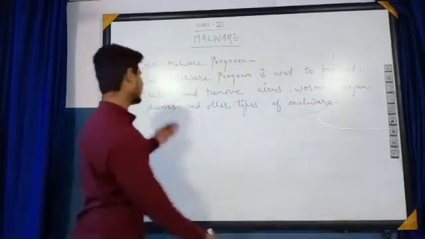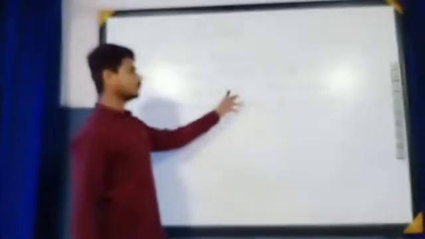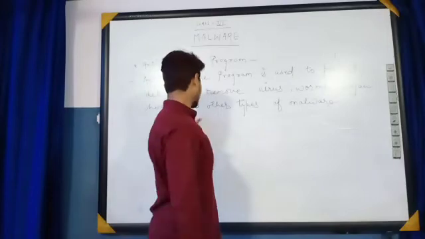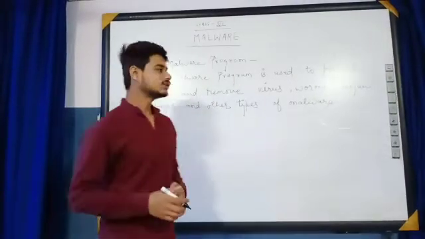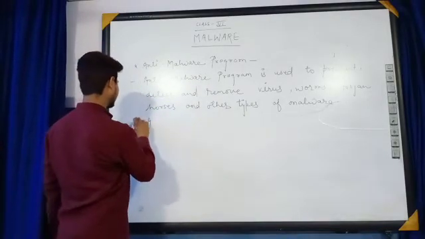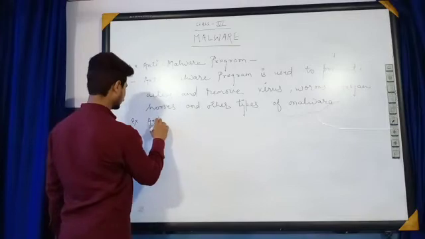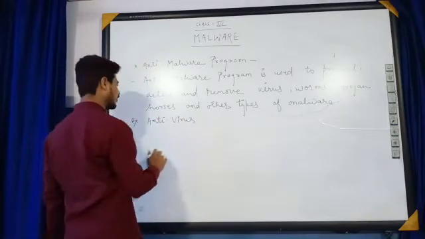So students, an anti-malware program is always used to prevent, detect and remove viruses, worms, Trojan horses and other types of malicious software. An example of an anti-malware program is an antivirus program.